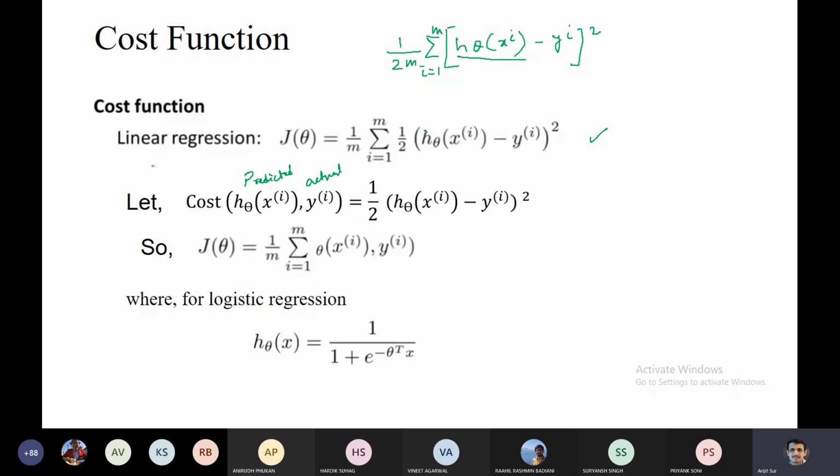The summation term is not there, since it's a single instance. So J theta is basically 1 by m times the sum over i equals 1 to m of the cost of h theta of xi, yi. That's why we define it this way, where h theta is as in this definition. It's just a rewrite of this, nothing more.